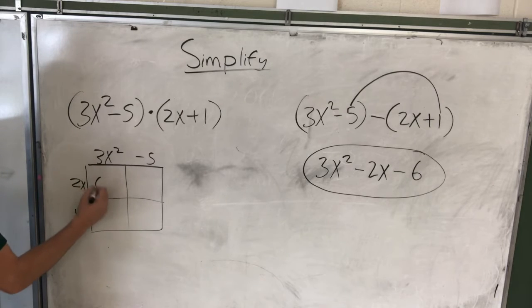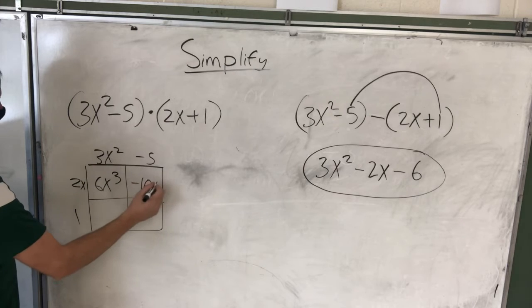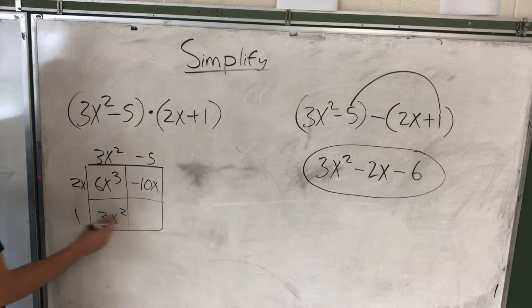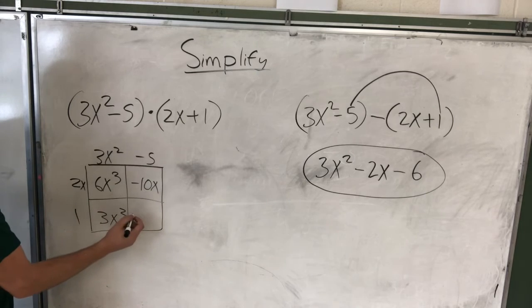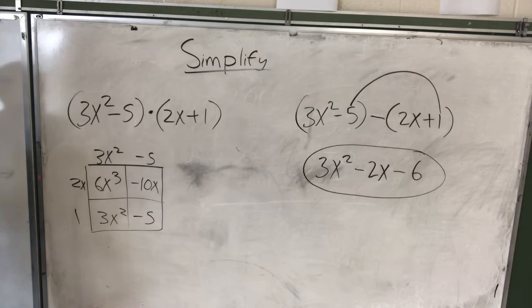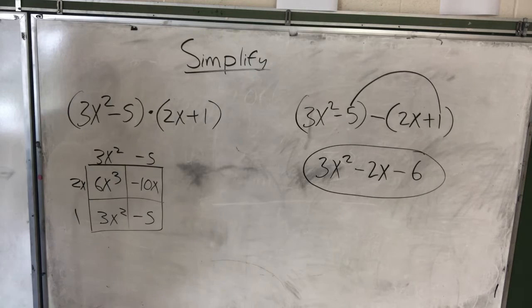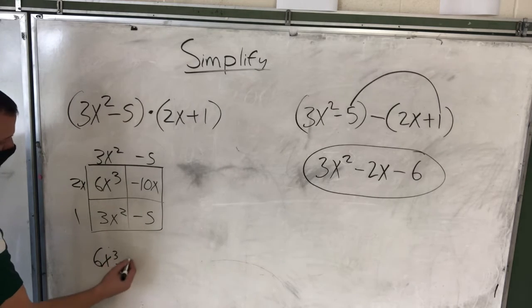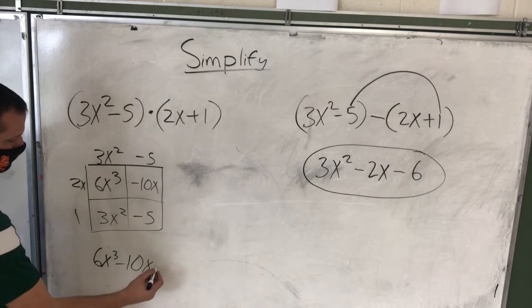When I multiply, that gives me 6x cubed minus 10x. 1 times 3x is 3x squared. 1 times negative 5 is negative 5.